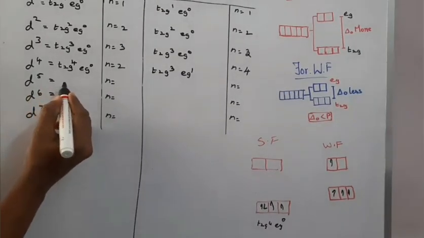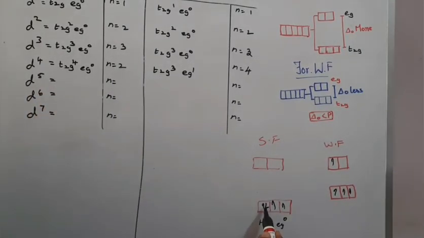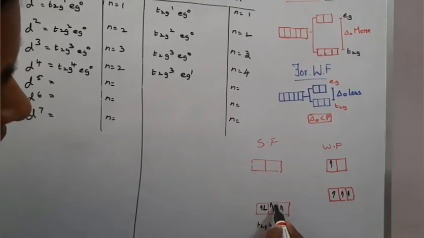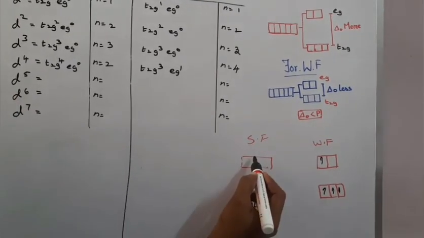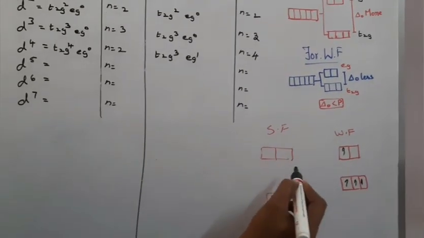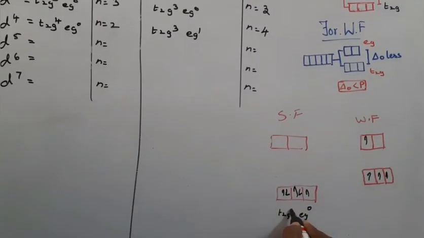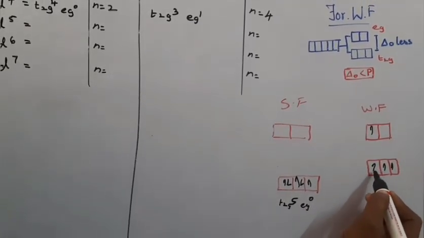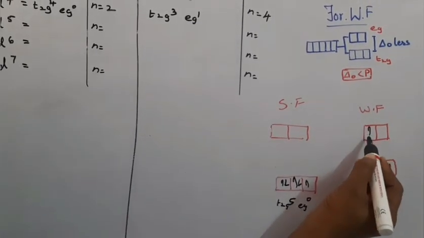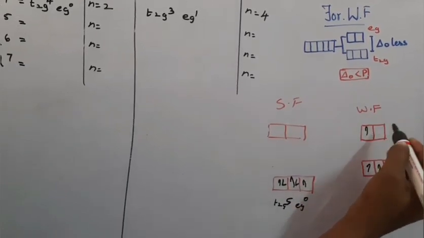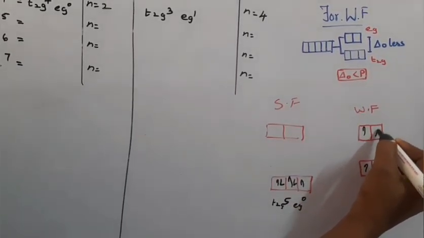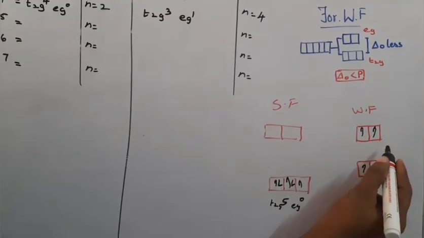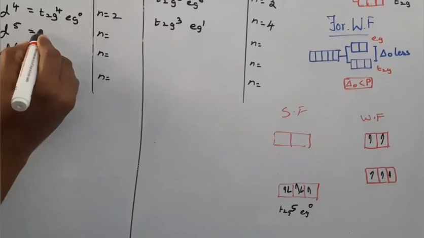For d5 configuration, here also 1, 2, 3, 4, 5. The fifth electron cannot go up in the strong field case, because the energy gap is more. So T2g5 Eg0, with only one unpaired electron present. In the weak field case, after 1, 2, 3, 4, the fifth electron also goes up, so that is T2g3 and Eg2.